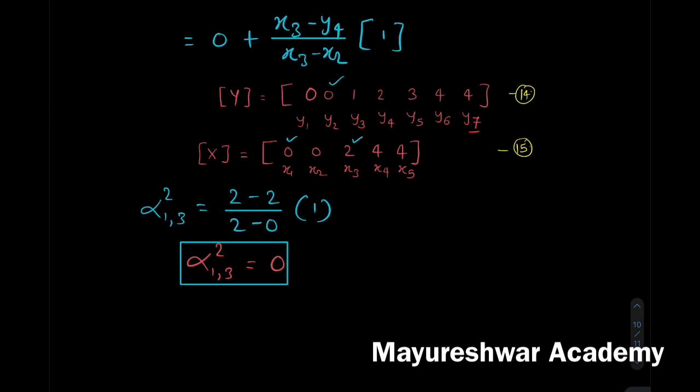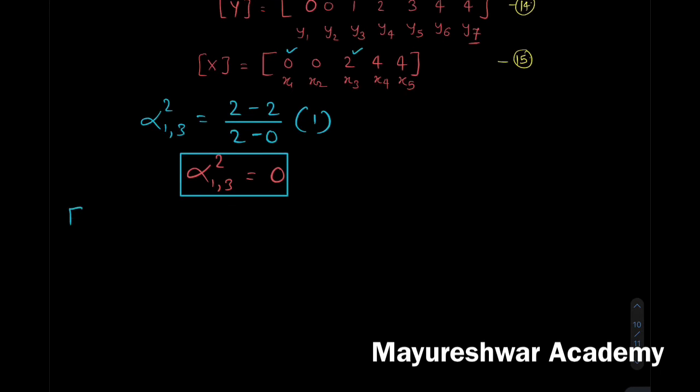Okay, that was for i equal to 1. Now again increment i by 1, go to the next level. For i equal to 2 now, j is 3, k is 2. So alpha 2 3 2 is equal to, let us write down this bracket multiplied by alpha 2 3 and plus some bracket multiplied by alpha 3 3.